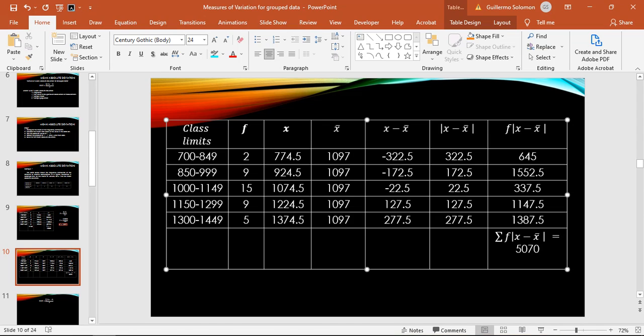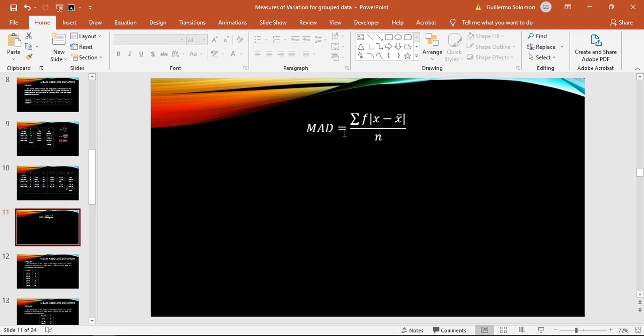5,070. Okay? Ngayon, using this, nakuha na natin yung mismong summation of the product of the frequency and the absolute value of the difference of the x or the class mark and the mean. After pag nakuha na natin yan, we can now substitute to our given formula. Okay?